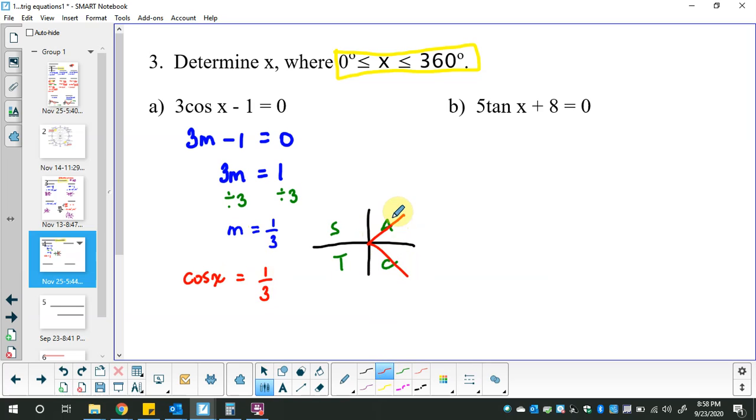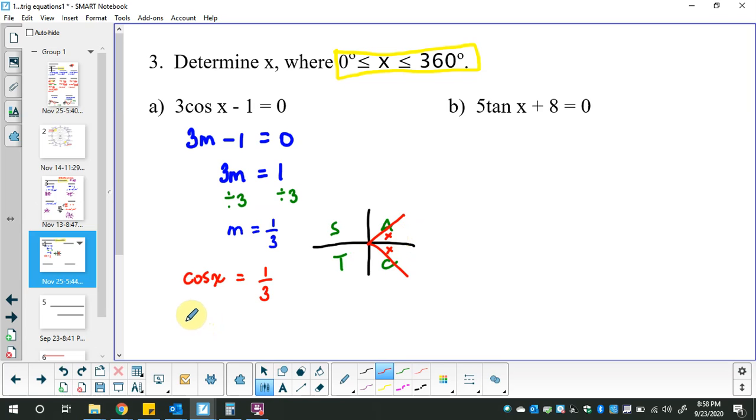So that means our answer lies in here, quadrant 1, and in here, quadrant 4. But more specifically, it's in this spot, and it's in this spot. And the reason for that is because it has to stay in the bow tie. So that's half the bow tie sitting right there. So you got the 2 spots right there. So we're going to have to figure this out in a second.